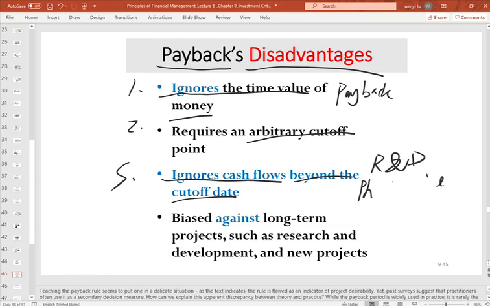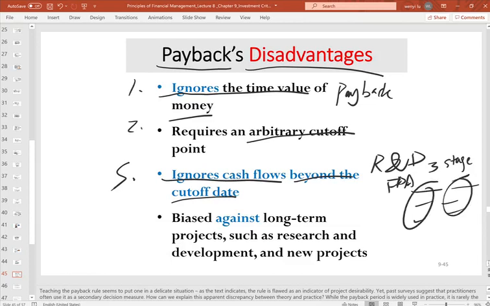For any medical research, initial costs will be very huge, so maybe they cannot generate much revenue at the beginning. However, after certain years, the future cash flow can be huge if they pass the trial stage 3 test. The FDA will approve, they will manufacture the medicine or vaccines, then they can have huge revenues.